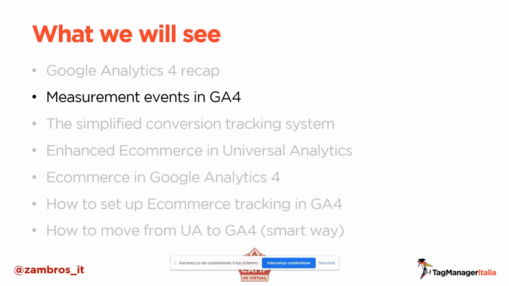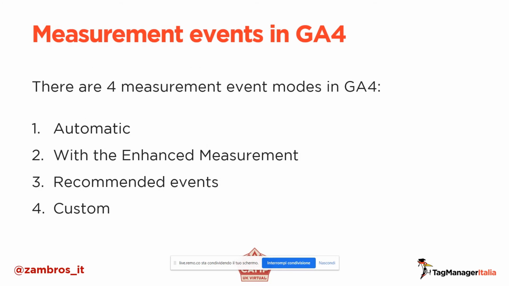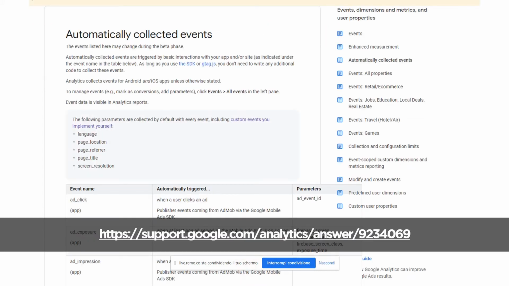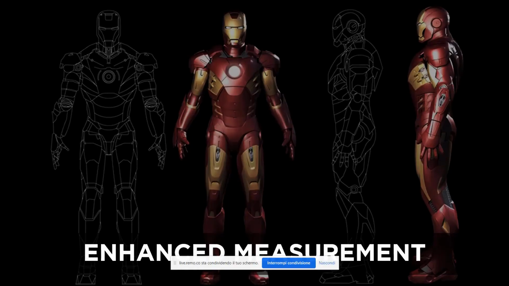Okay, let's see about measurement events. I will speak very quickly about measurement events. There are 4 measurement categories: automatic, enhanced measurement, recommended events and custom. Automatically collected events are all events triggered by basic interaction by default from GA4.